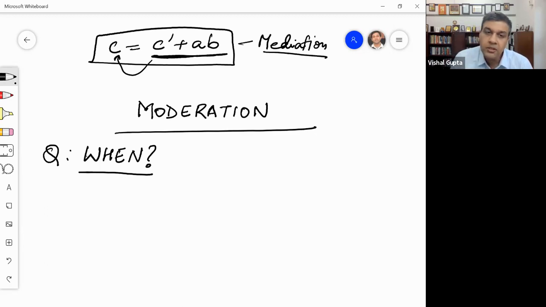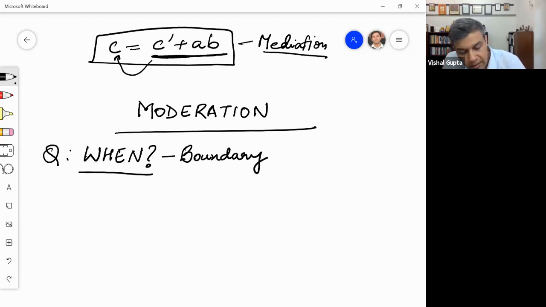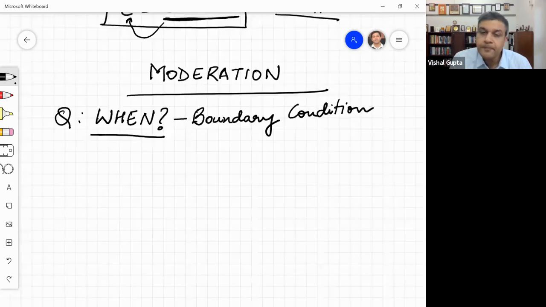But now in moderation, what we are going to do is, when will the total effect itself change? Or what would be that boundary condition. So we typically call this exploring boundary conditions in our processes, in our phenomena. Quantitatively, we ask what is the boundary condition for my phenomena? What is the boundary condition for my relationship between X and Y?